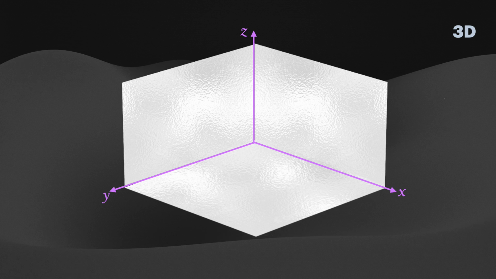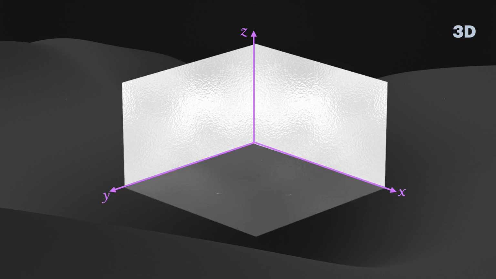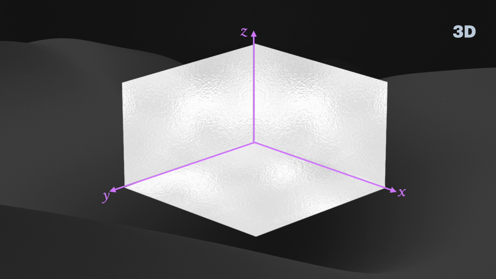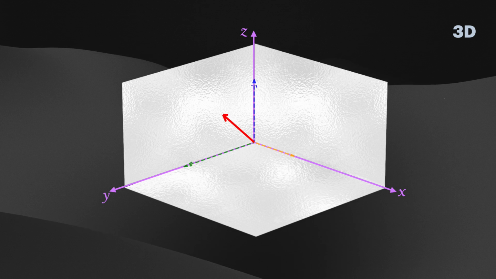As we can't show a three-dimensional object on a two-dimensional screen, we point the third axis at an angle to create the illusion of the third dimension. In this space, we have two-dimensional planes formed by the three pairs of axes: the x and the y-axis, the y and the z-axis, and the z and the x-axis.